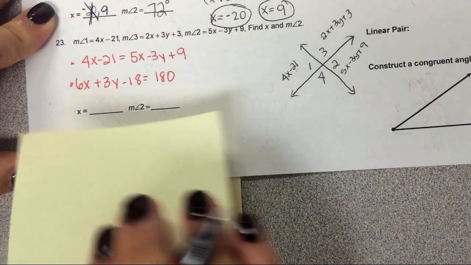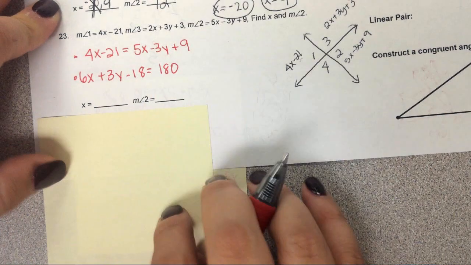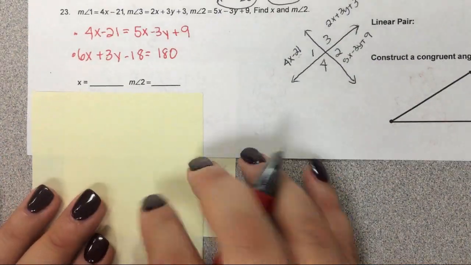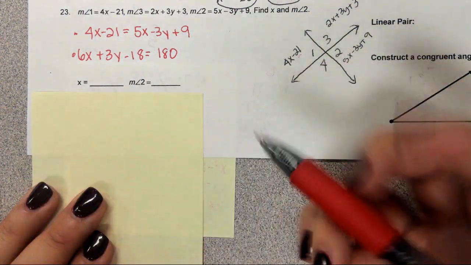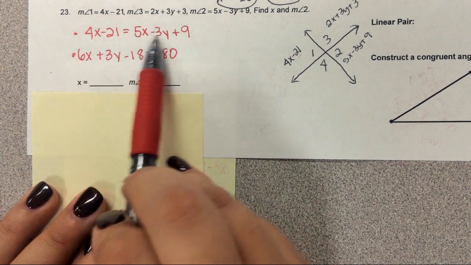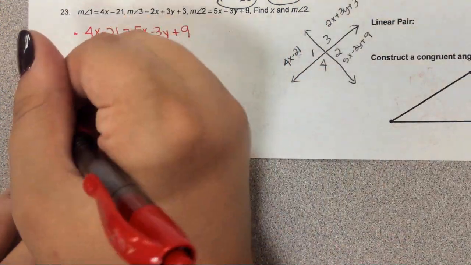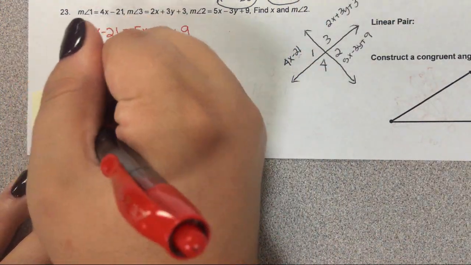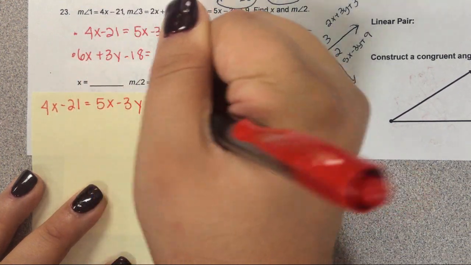Okay. When you get to a problem like this, you have 2 equations with x's and y's. You're going to try to get x or y by itself. Y'all agree? Okay. So, right here, I can see I can manipulate this equation to get x by itself. So I'm going to rewrite this one. 4x minus 21 equals 5x minus 3y plus 9.